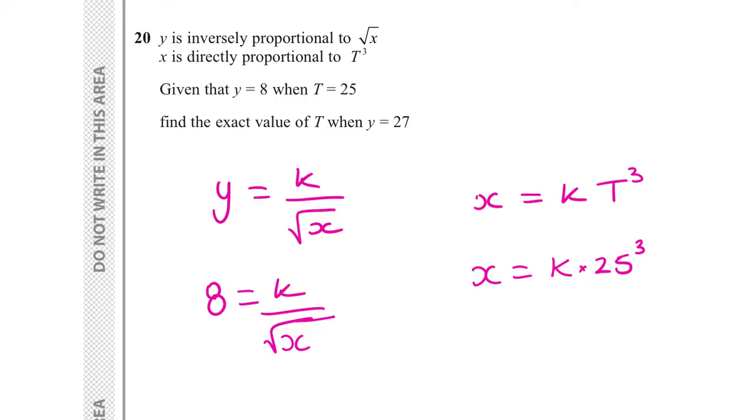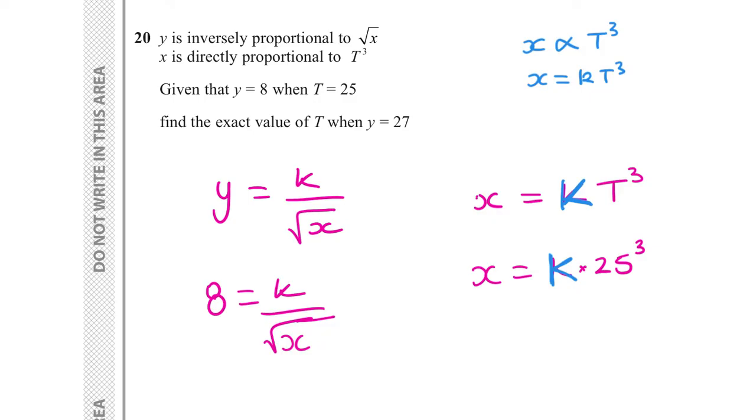However, first of all, I'm going to change this k to a different colour k. How do you get x equals k t cubed? That's what directly proportional means. So x is directly proportional to t cubed. So that means x equals k t cubed.